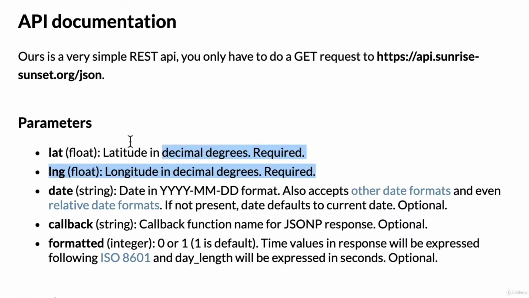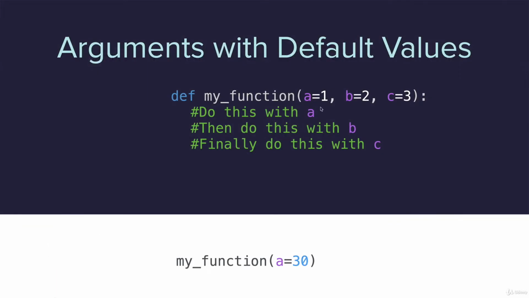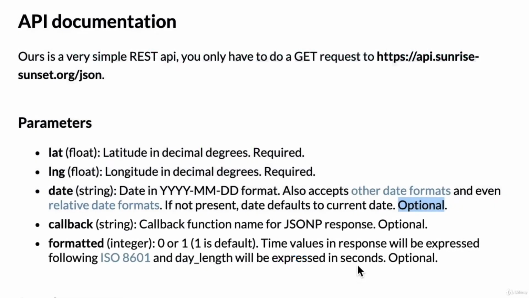Now, you also see that some parameters are required and others are optional. Just as we can have optional and required parameters when we create functions, you have the same thing in APIs. The optional ones all have a default value.